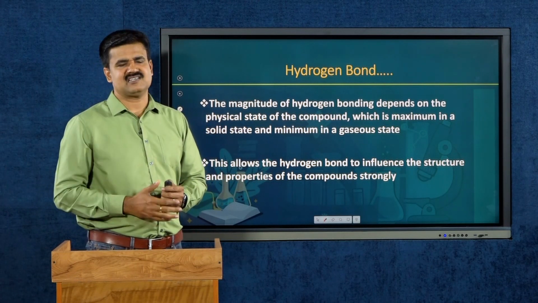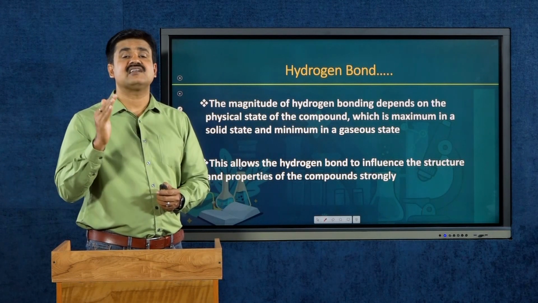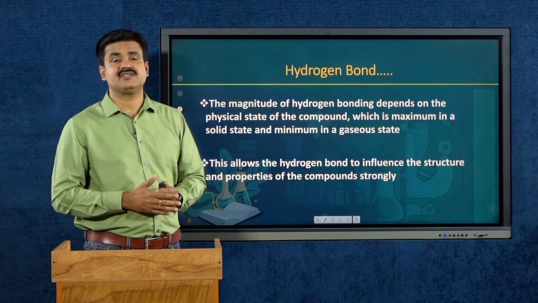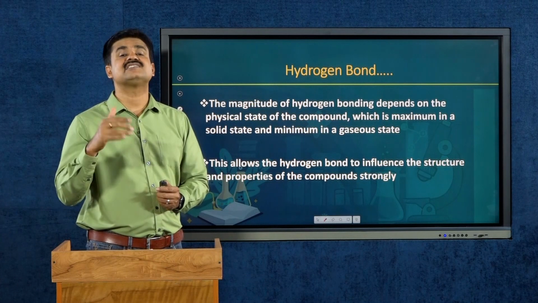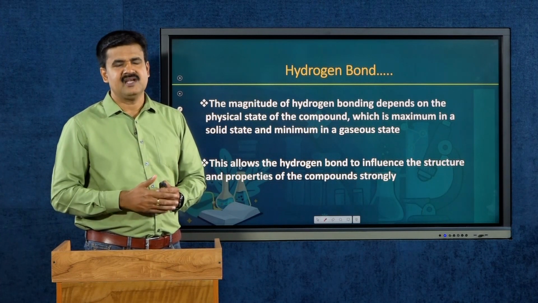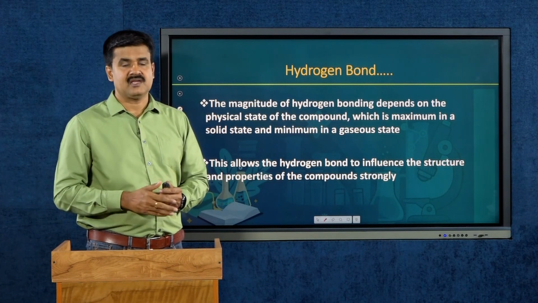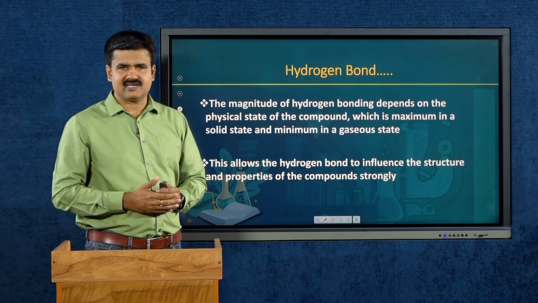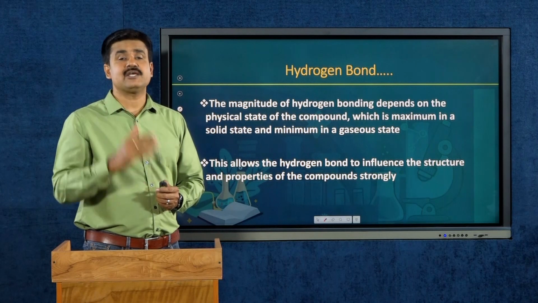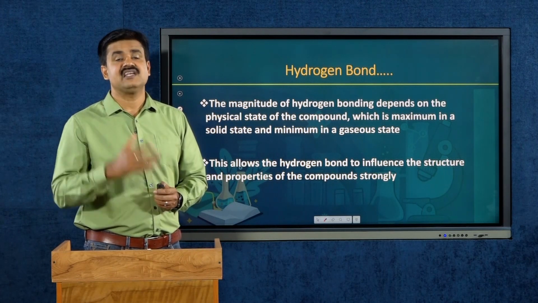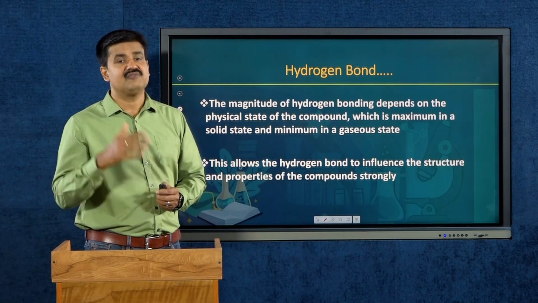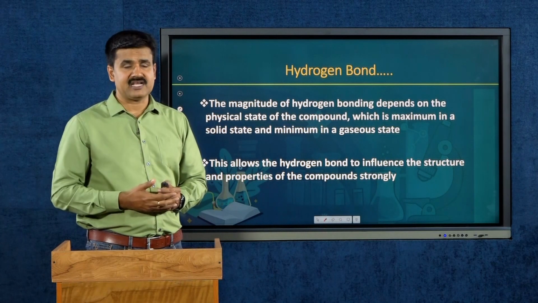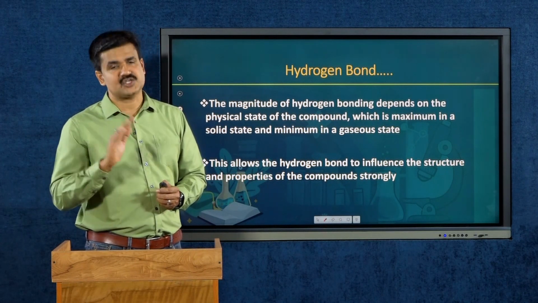For a simple example, why does water exist as a liquid at ordinary conditions and H2S is a gas? In order to answer this question, we can consider the intermolecular hydrogen bonding in water. Water exists as a liquid due to the presence of intermolecular hydrogen bonding, whereas such hydrogen bonding is absent in H2S.